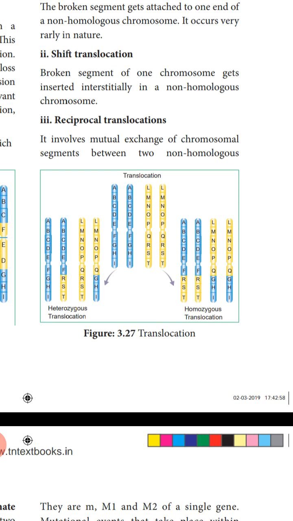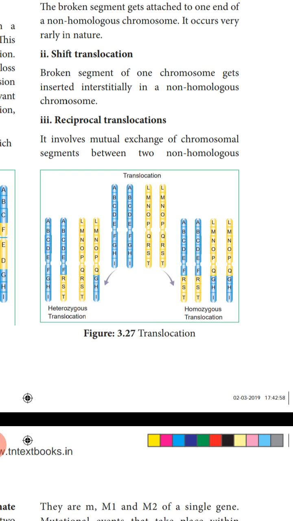Similarly, RST is added on. So the sequence of the blue chromosome becomes ABCDEF RST, that is, it got the segment from the non-homologous chromosome. Similarly, the other segment was exchanged to the other yellow non-homologous chromosome. Here only one chromatid is involved in this exchange, so this type is called heterozygous translocation.